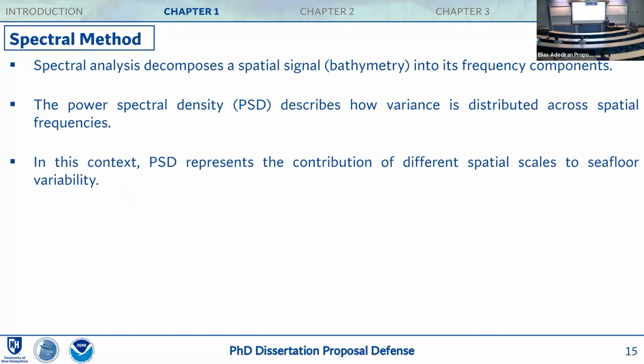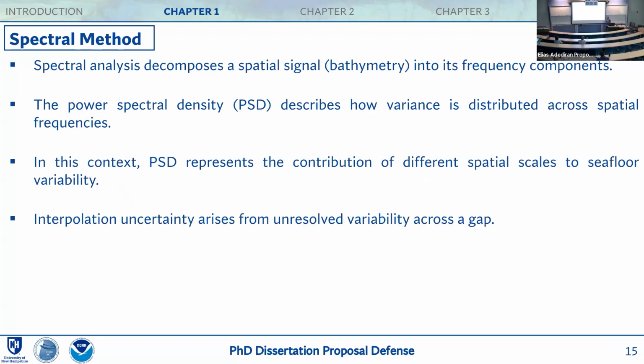So in this framework, the power spectral density represents the contribution of the different spatial scales to seafloor variability. And we know that interpolation uncertainty arises from the unresolved variability across the gaps.